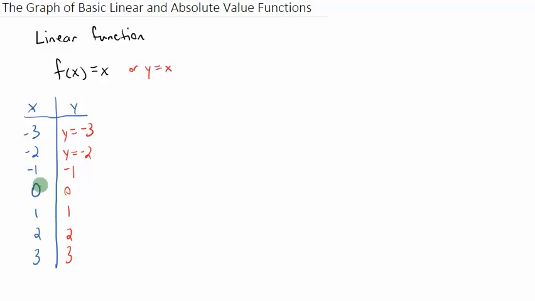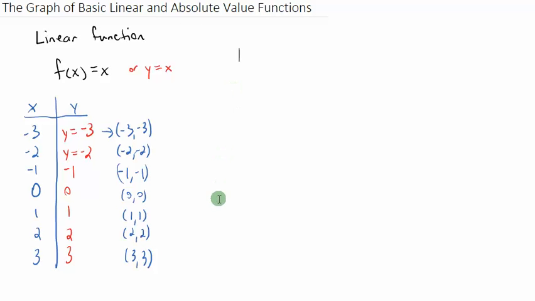The y values equal the x values. And what each of these gives us is an ordered pair. So we get the ordered pair -3, -3, -2, -2, -1, -1, 0, 0, 1, 1, 2, 2, and finally 3, 3. And so now I want to plot those points and see if I can sort of understand the behavior of this function as well as imagining other points in this table if necessary.